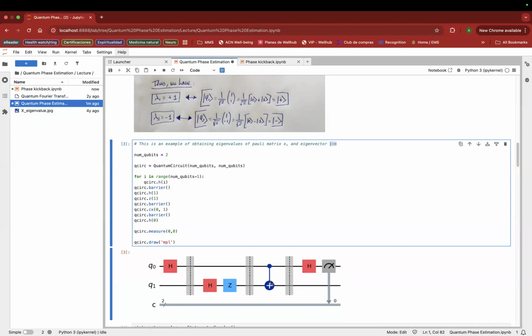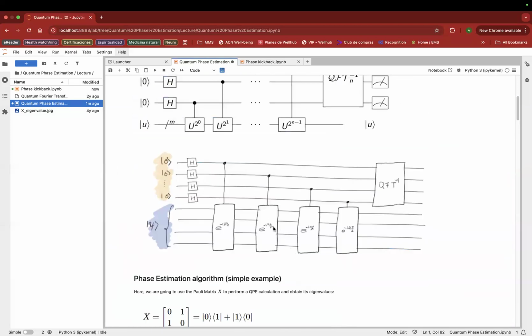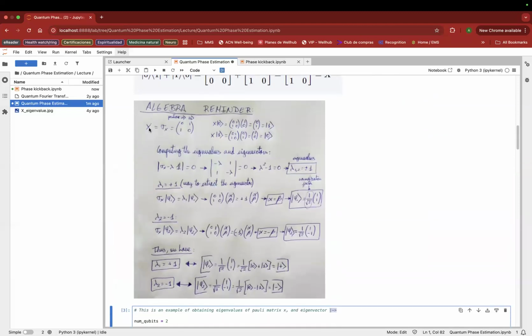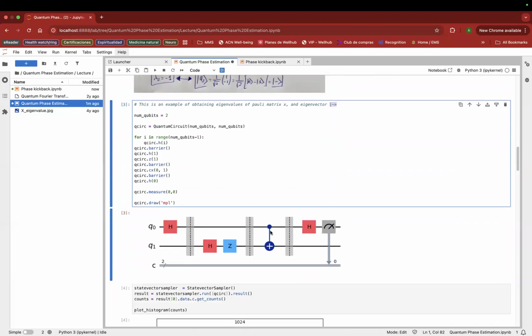Why? Because it's the CX. I mean, the operator we have is X. We're going to get the eigenvalue of this operator with this eigenvector. So we apply the quantum phase estimation algorithm from this eigenvector, and then we apply the inverse quantum Fourier transform.